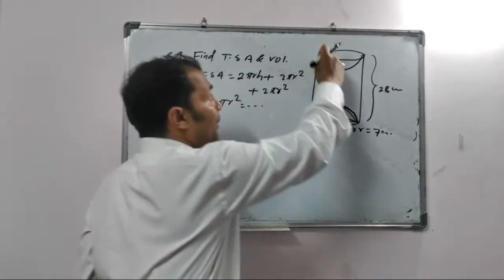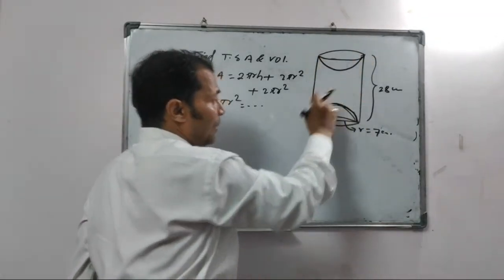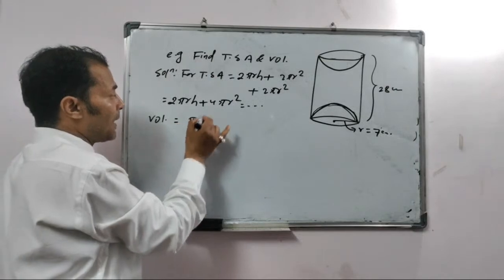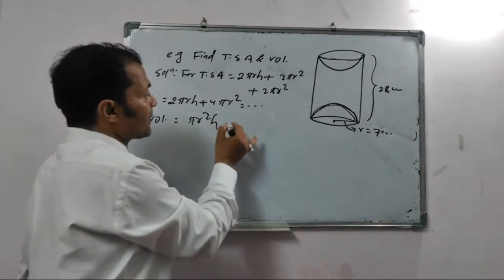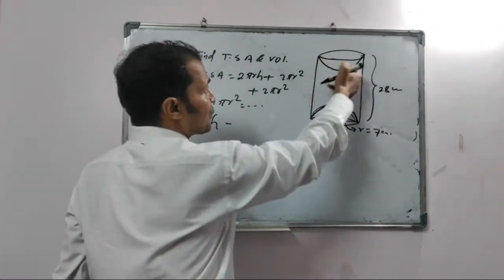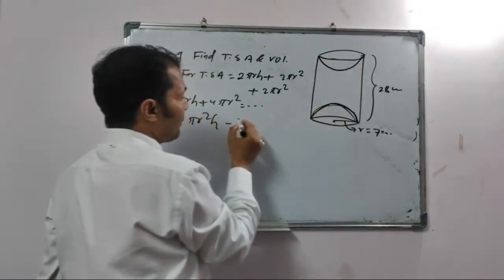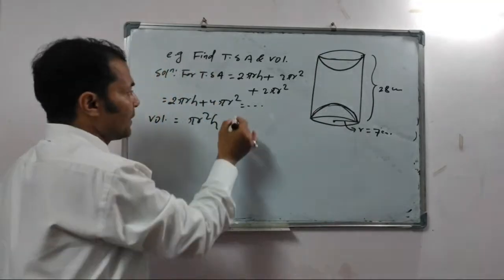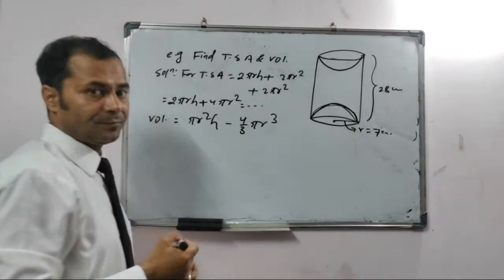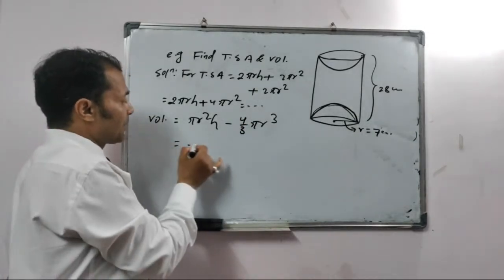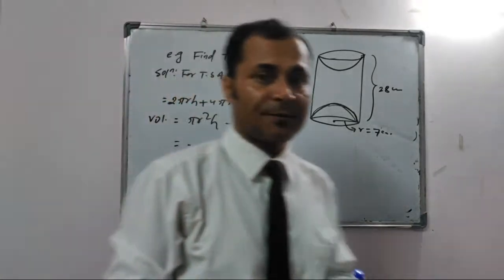So it's like pi r square h is the volume of entire cylinder minus this portion and this portion is to be removed. When you add them, it will be a sphere, and the volume of sphere is 4 by 3 pi r cube. That's it. Now just put the value and get the answer.